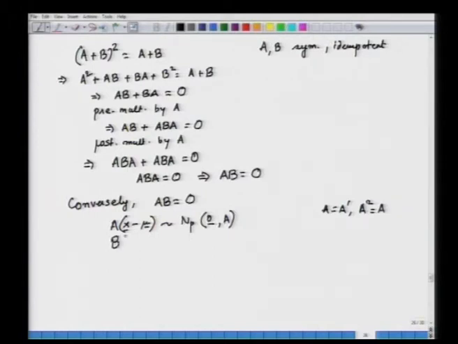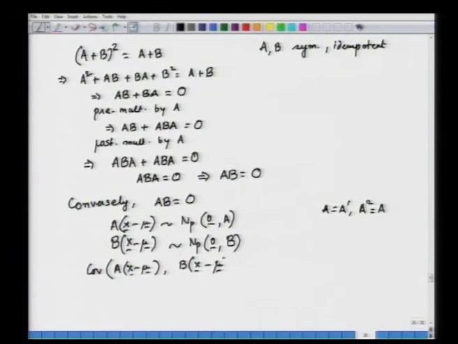Similarly, B times (x minus mu) also follows a normal of the same dimension with null mean vector and B as the covariance matrix. Now, if I consider the covariance between A(x minus mu) and B(x minus mu), because the covariance matrix is the identity matrix, I have A B transpose, but B again being symmetric, this is AB.